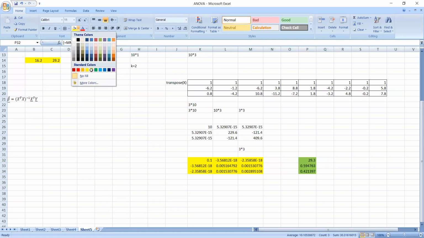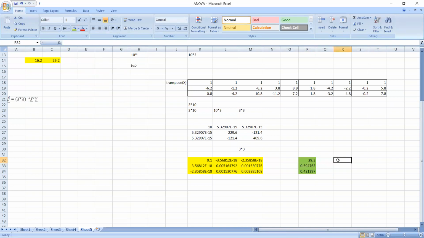Now you can see you have 3 values. Why do you have 3 values? Here we have 2 parameters in the model, that is 2 independent variables. In this case, x1 minus x1 bar is our first independent variable, and x2 minus x2 bar is the second independent variable. So we have 2 parameters, and we have beta naught, the intercept.